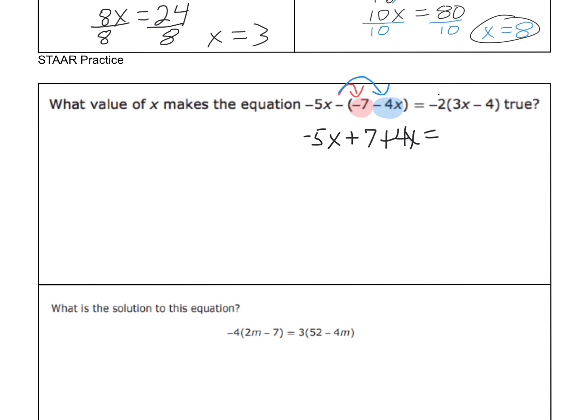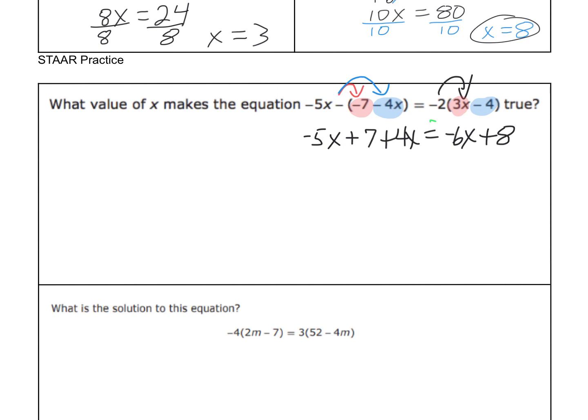Over here, we have to multiply -2 times 3x. All right, remember that we have the 3x and the -4 inside the parentheses. So on that first one, when we do -2 times 3x, we get -6x. And when we do -2 times -4, we get +8.